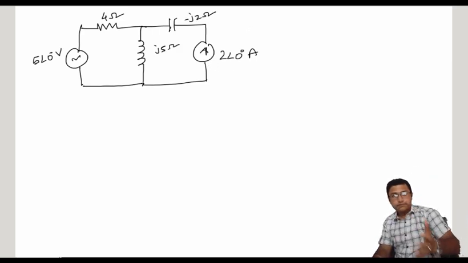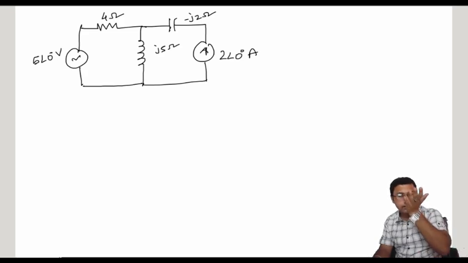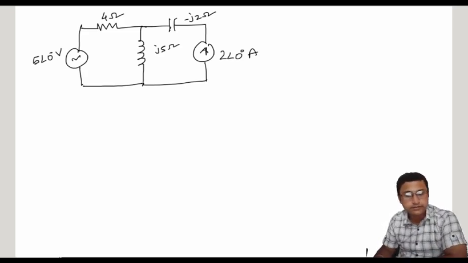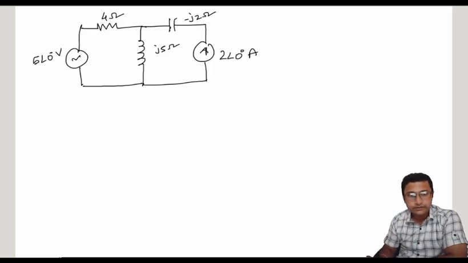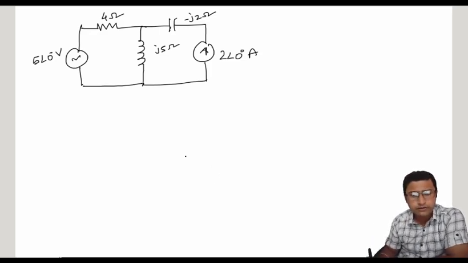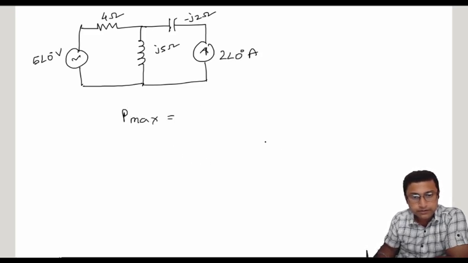So if I want to find the maximum power, the steps are exactly similar to Thevenin's theorem. It is actually similar to the DC network theorem also. So now the maximum power will be VL square by 4RL, that means VTH square by 4RL.